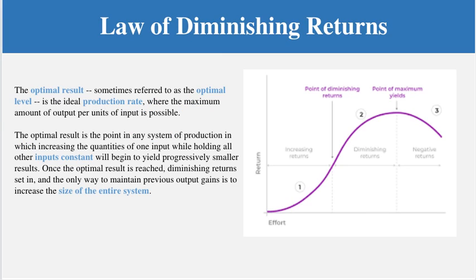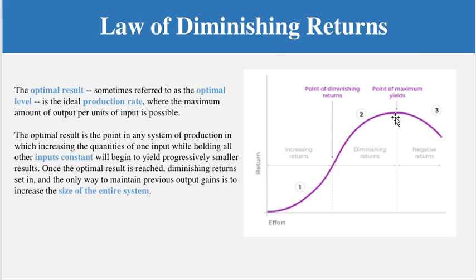Now the optimal result. What is actually the optimal result? Basically, friends, the optimal result is the ideal production rate. You can say the maximum amount of output per unit. After that point, it will start decreasing.